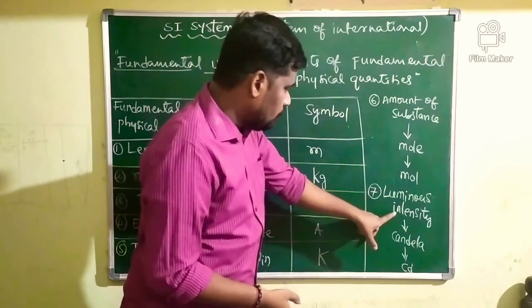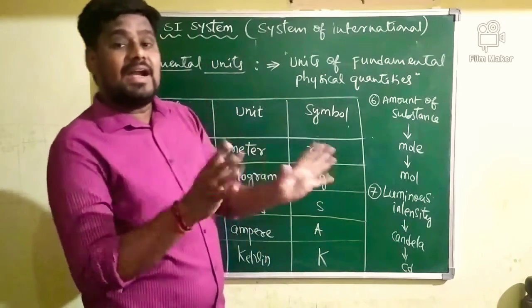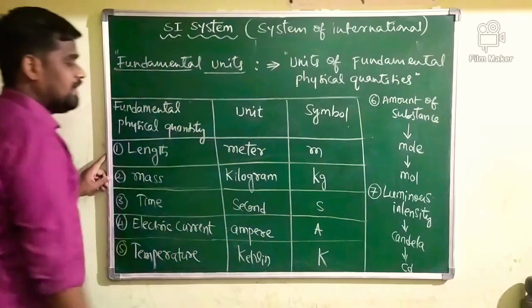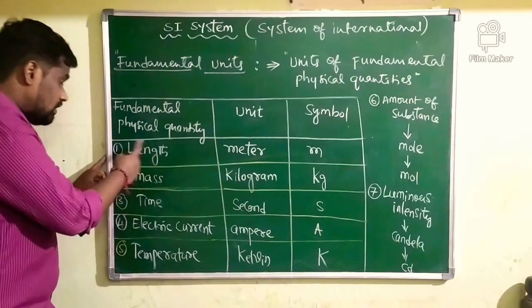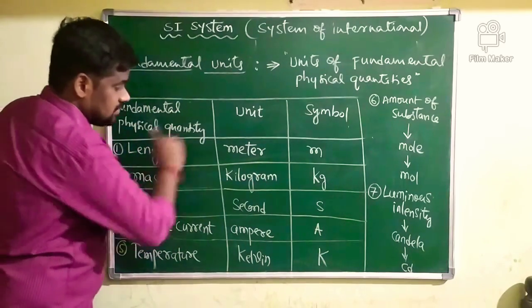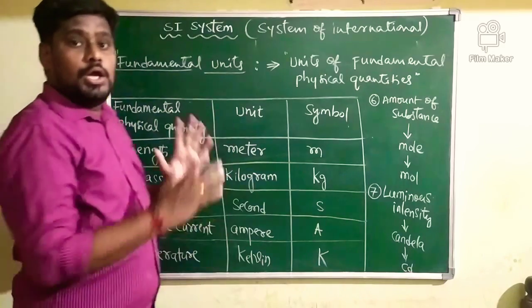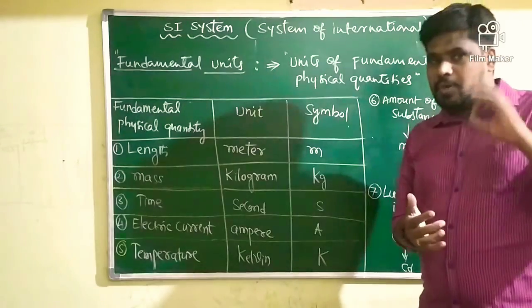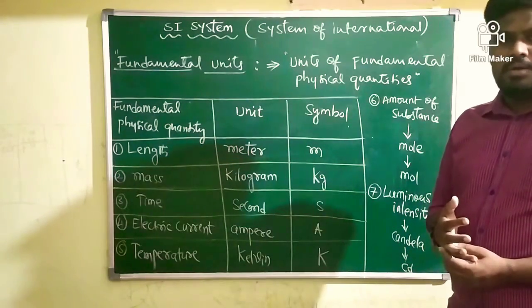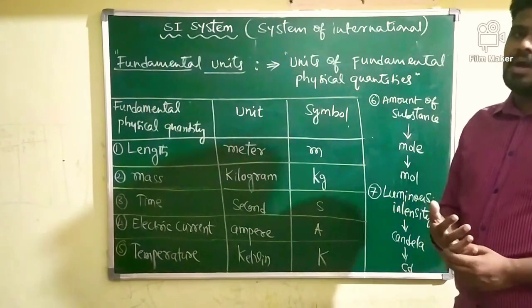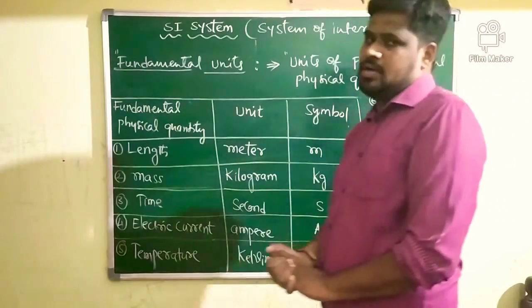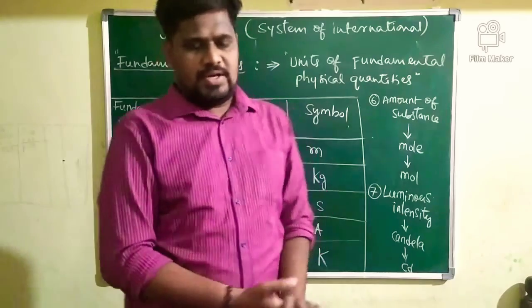The SI unit of luminous intensity is candela. What is the SI unit of length? The SI unit of length is meter. What is the SI unit of mass? The SI unit of mass is kilogram. From today onwards, you must be perfect in identifying or representing the units of all 7 fundamental physical quantities.